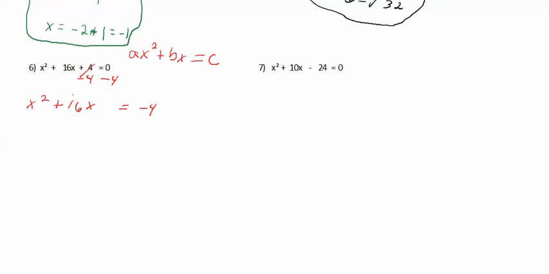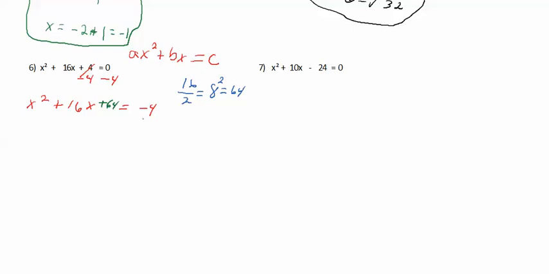Take 16, I'm going to do a little bit of math work over here, divide it by 2, and I get 8. Take 8, square it, I get 64. And I'm going to take that 64 and add it to both sides.